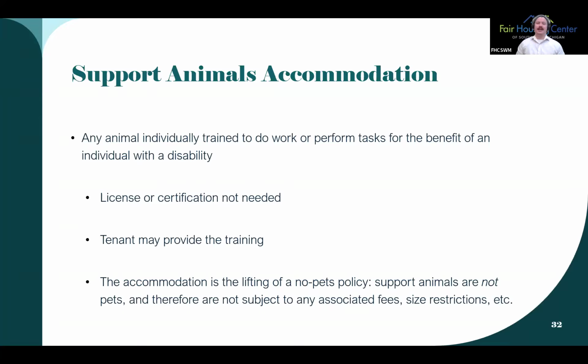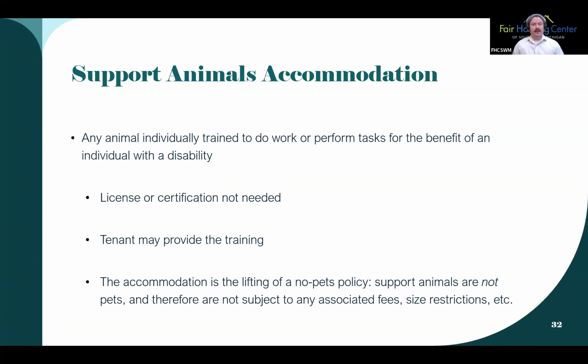So when a tenant indicates a need for a service animal, a housing provider can, especially in the case of a non-apparent disability, request that the tenant provide a letter from a healthcare provider. That letter verifies that the tenant has a disability which requires the presence of the animal to ameliorate that disability or the symptoms thereof.